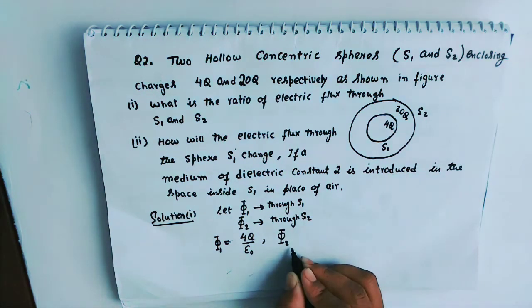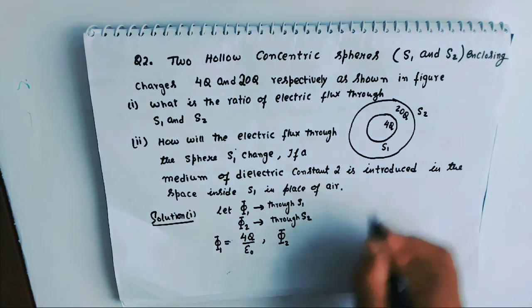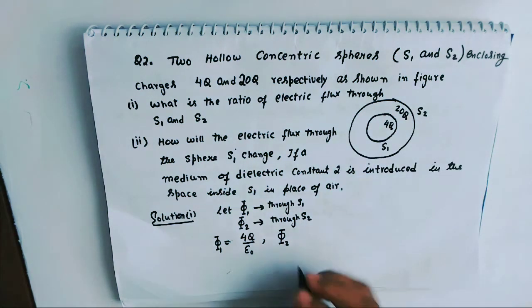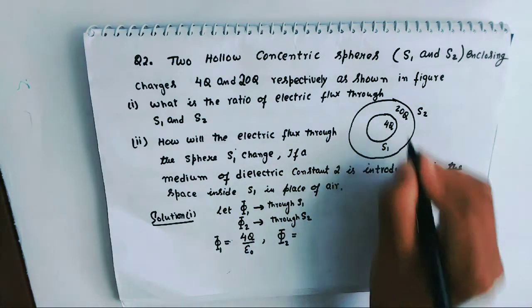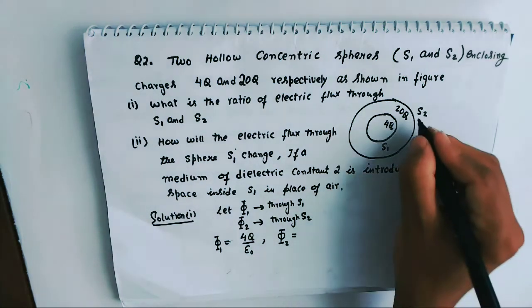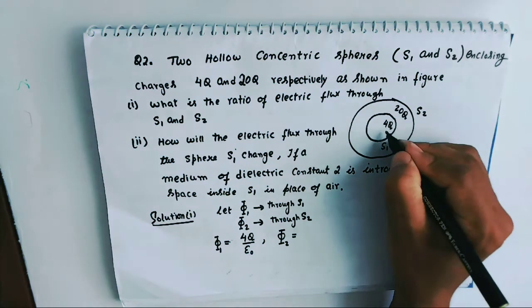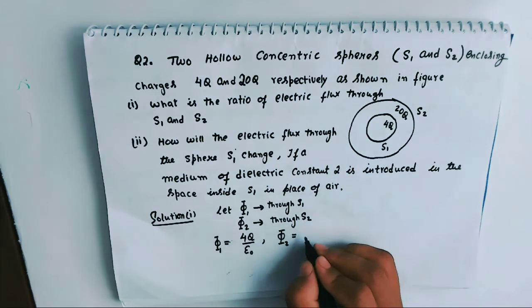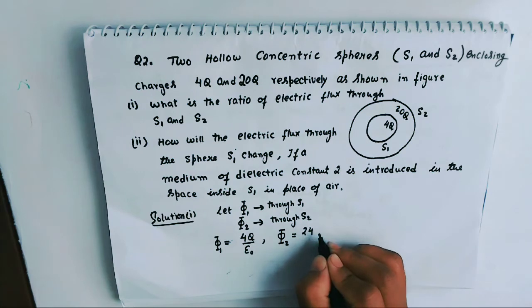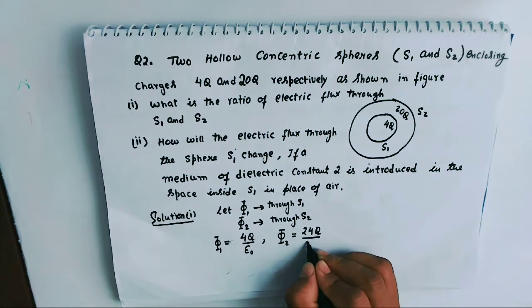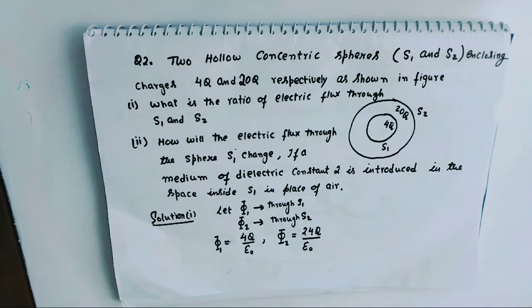Phi 2 is the flux through surface S2. So what is the total charge enclosed within the surface S2? It is 20q plus 4q. So total charge is 24q. So this is divided by epsilon naught.